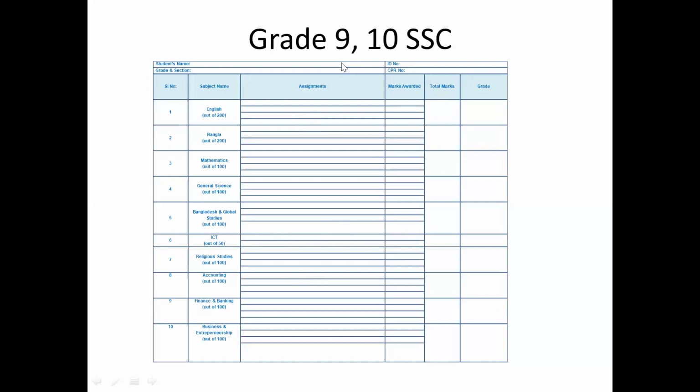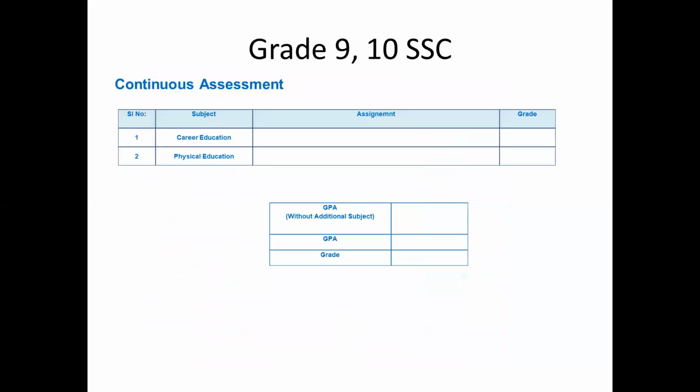So each subject teacher, please have a look at the progress report first and then fill the first sheet, that is the grading sheet, accordingly, depending upon how many rows are there in the progress report. Now again for grade 9 and 10 SSC, please note down, I have added career education and physical education.